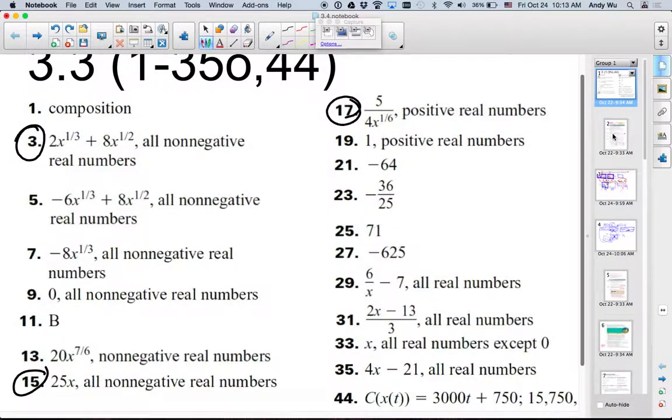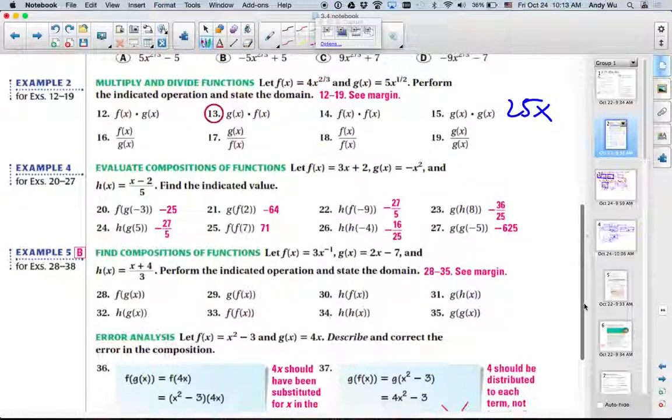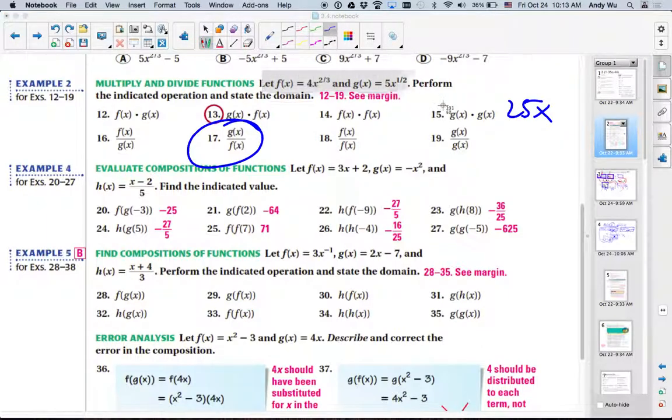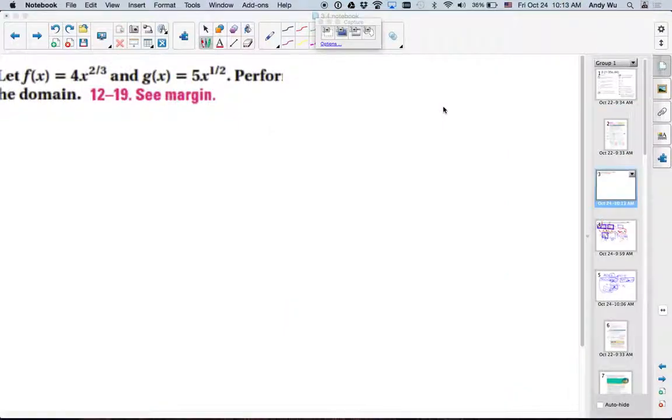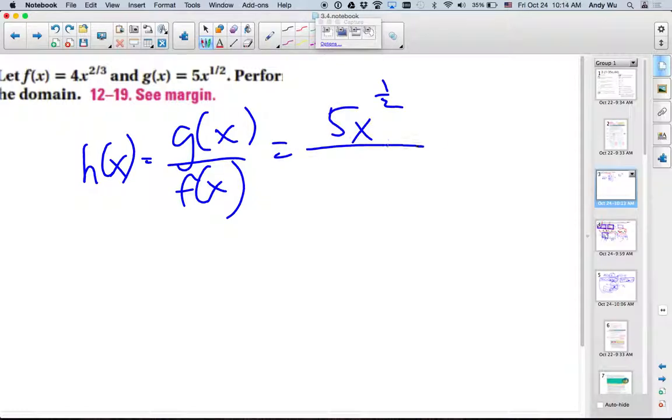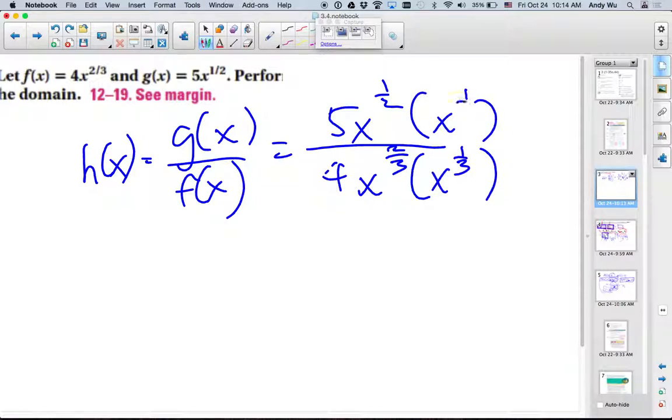Number 17, g of x over f of x. So we want g of x over f of x. This is our new function, equal to 5x to the 1/2 over 4x to the 2/3. I guess they want you to factor out x to the 1/3 here.